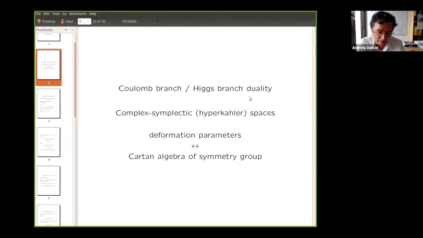In the physical terminology, usually on the Higgs branch, which typically, though not always, arises as a hyperkähler quotient, the deformation parameters of the level set of the moment map are, in the physics language, called FI parameters, Fayet-Iliopoulos parameters. On the other side, on the Coulomb branch, which is typically more mysterious to mathematicians, the deformation parameters are referred to as the mass parameters. But this is one particular way in which the duality is supposed to work.